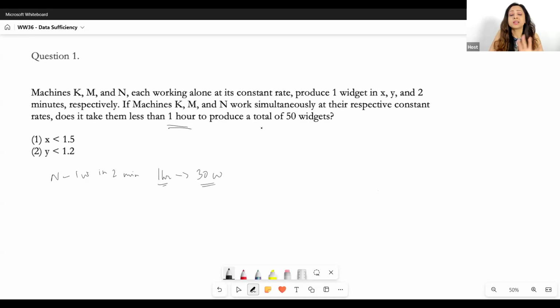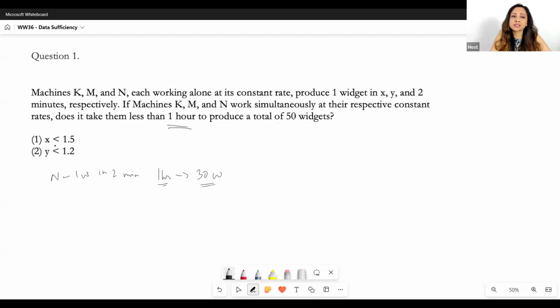My question is, does it take them less than 1 hour to produce a total of 50 widgets, which means, are they producing 50 widgets or more in an hour? Is their rate more than 50 widgets per hour?